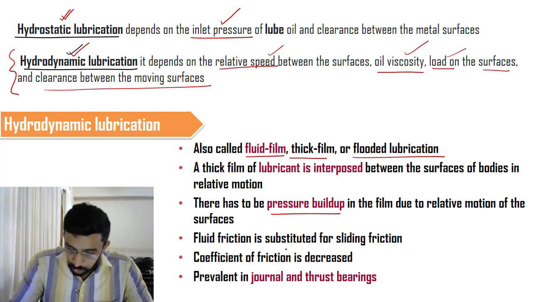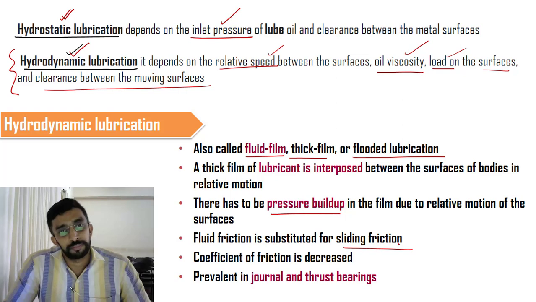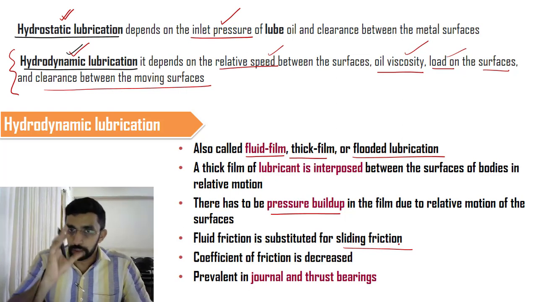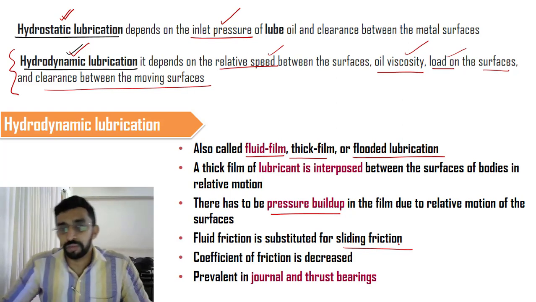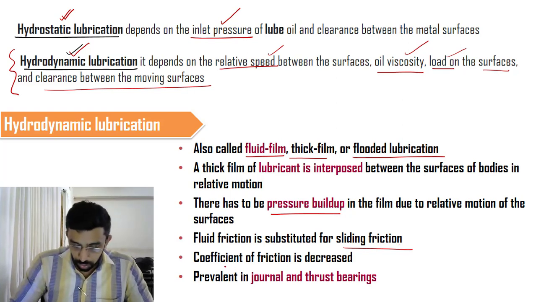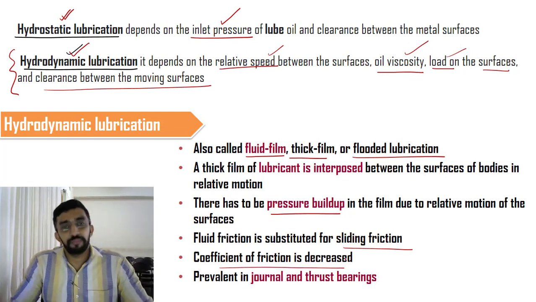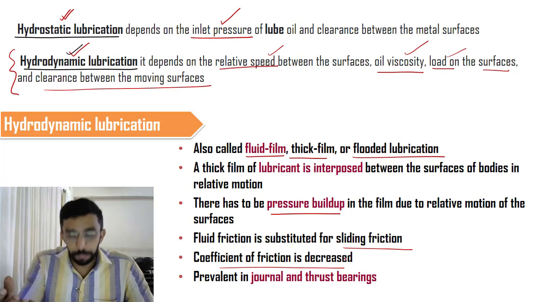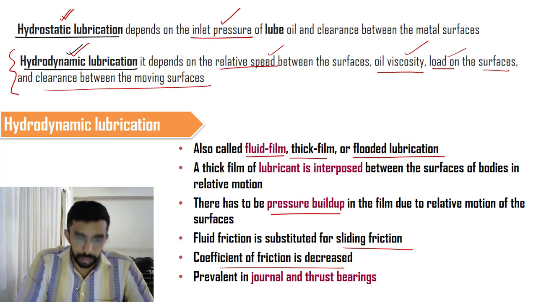Now the fluid friction is substituted for sliding friction. Obviously we know that when there is a layer of liquid between the two surfaces, the viscosity of that layer is the one which determines the friction between the two. And the coefficient of friction is very low because lubricants have low coefficients of friction. That's one of the major properties of lubricants, right?